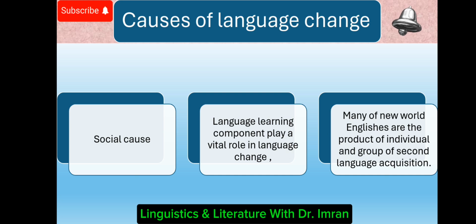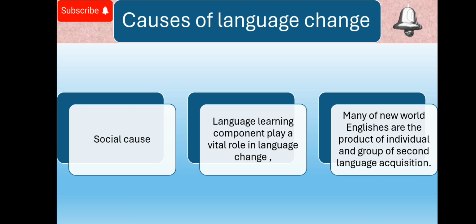If you are acquiring English as a second language, this also leads to change, because you already have one language in hand and it goes side by side with the English language. So when you are acquiring English and you already have another language, this leads to language change.